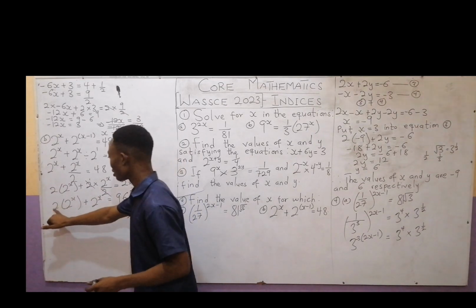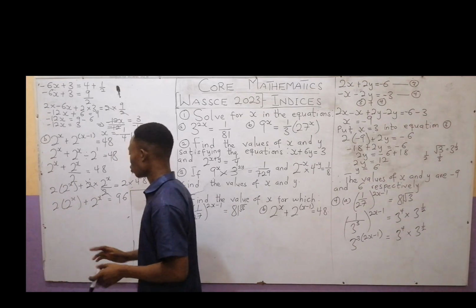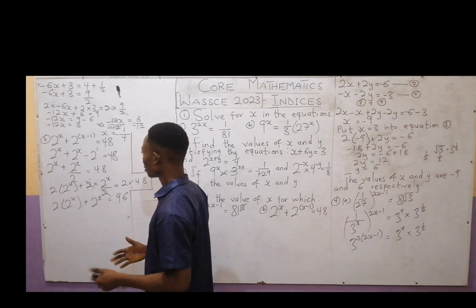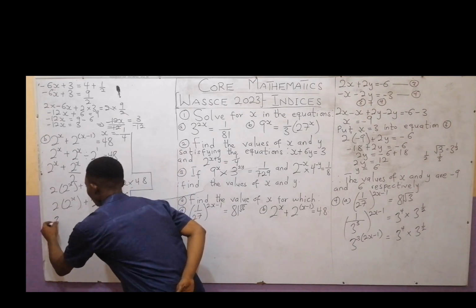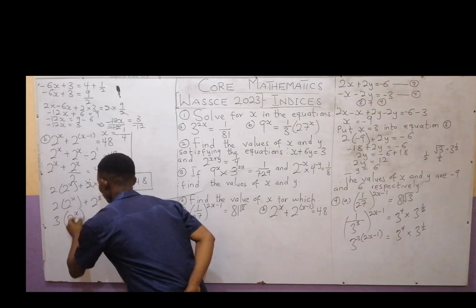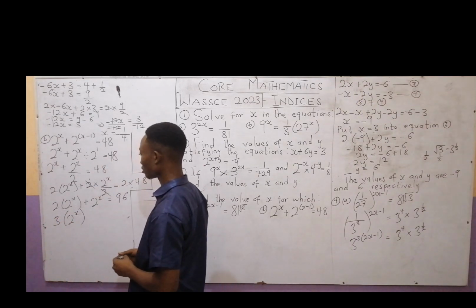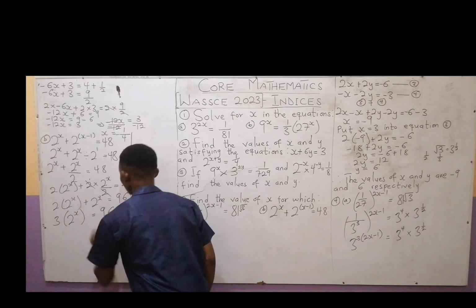So let's look at the bases. How many are here? 3 of 2 to the power x. So we can write this in a different way as 3 multiplying 2 to the power x is equal to 96.